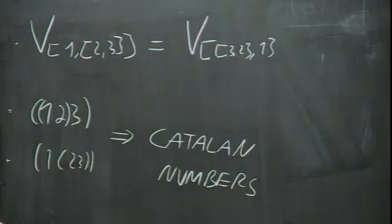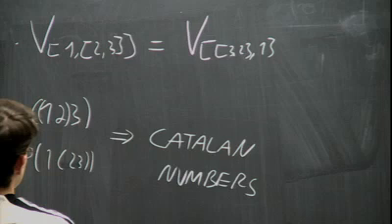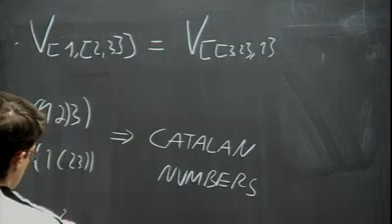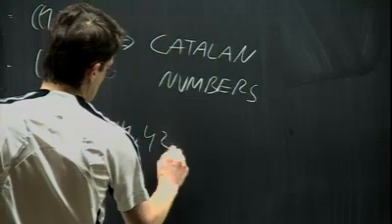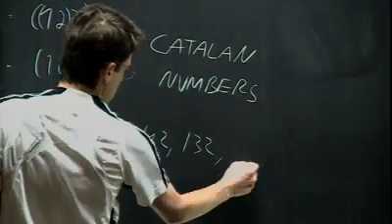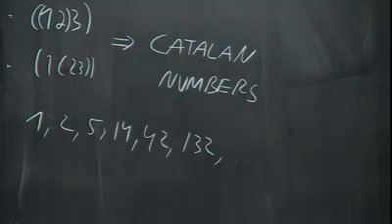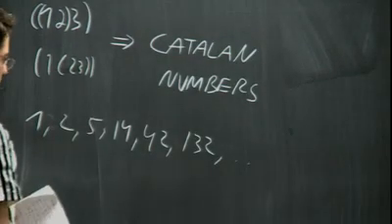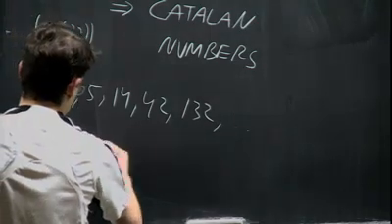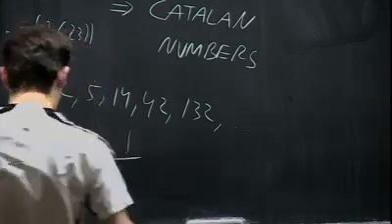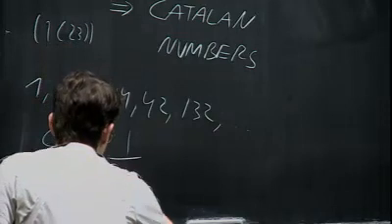So in particular, the Catalan numbers start as 1, 2, 5, 14, 42, and so forth. There is a closed formula for that. I think it's, well, I guess, okay, I have it.